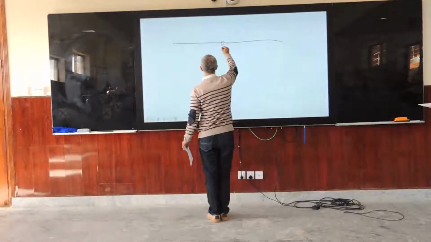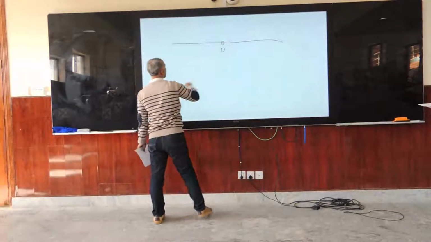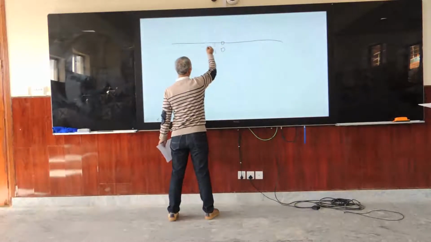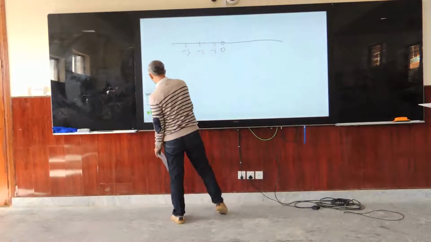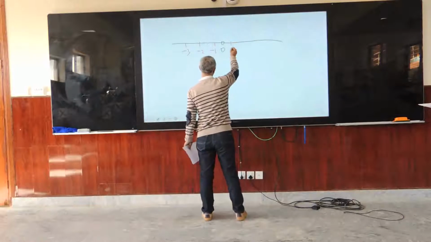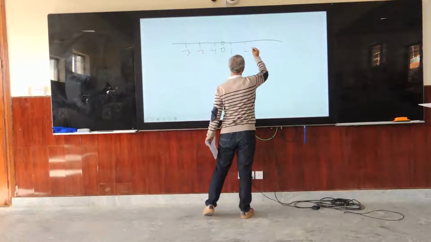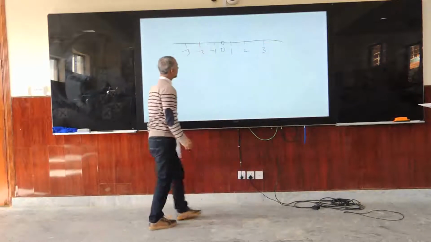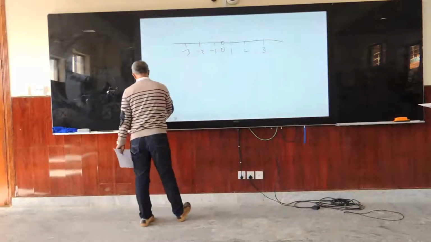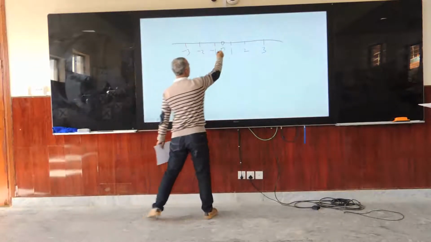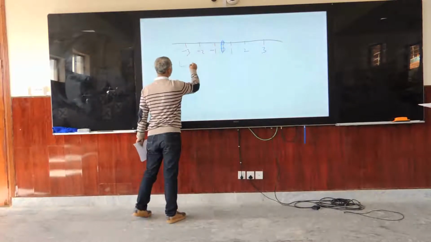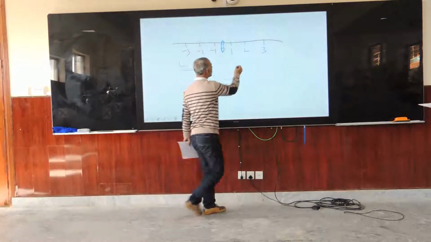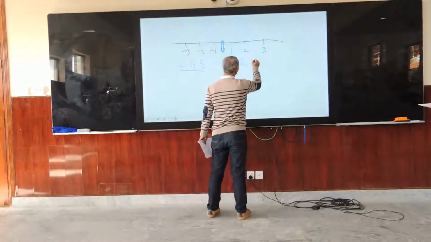For example, this is the center point 0, and there are certain values: -1, -2, -3. Similarly, on the positive side, +1, +2, and +3. This is our main target point. We want to reach this point. This is your left hand side, and this is your right hand side.